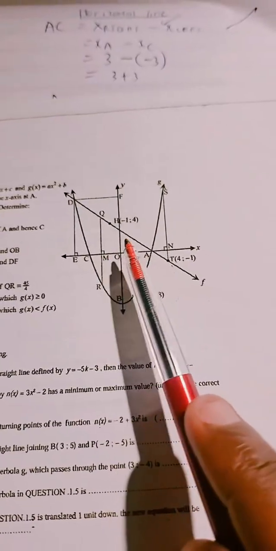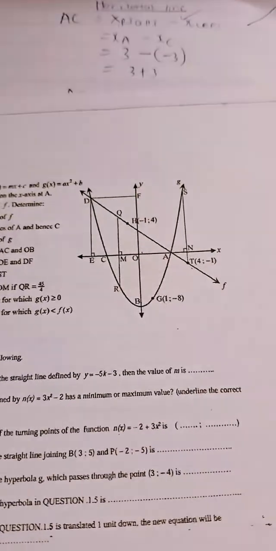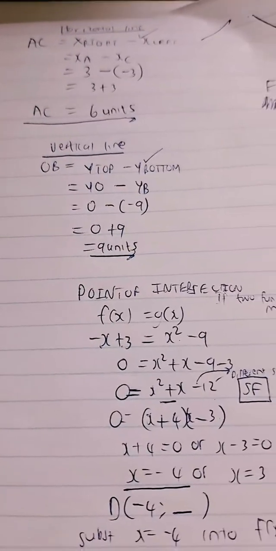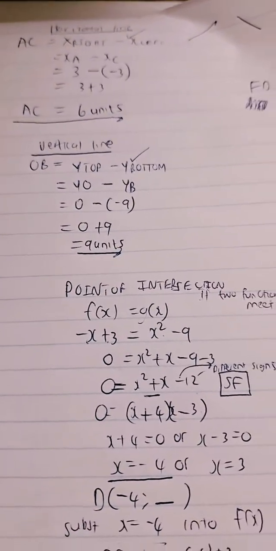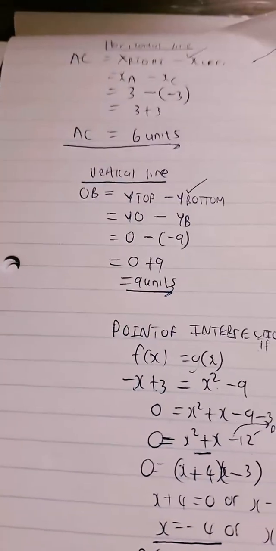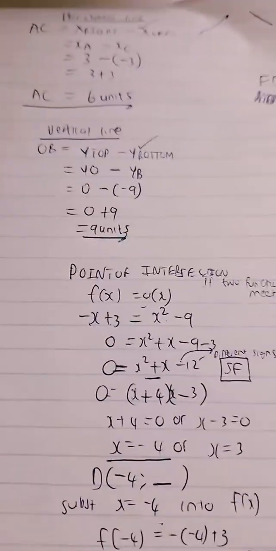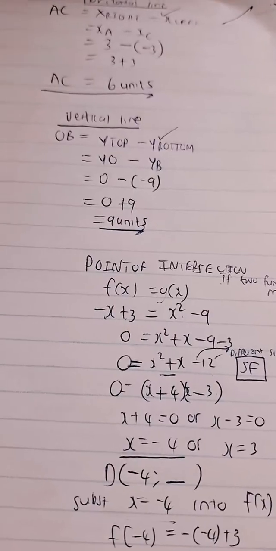So for a horizontal line, you can say x right minus x left. Or if you want to use the distance formula, you can go ahead. It will still give you 3/2 units.